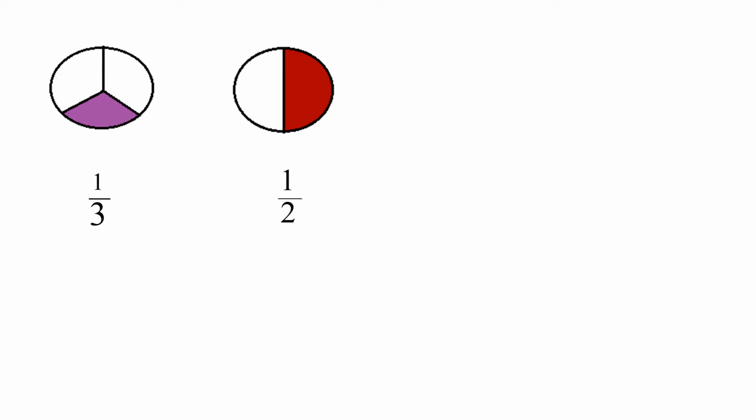Now 1 over 3 and 1 over 2 are fractions of numerator 1. As we know, the number at the top is called numerator, but the number at the bottom is called denominator.